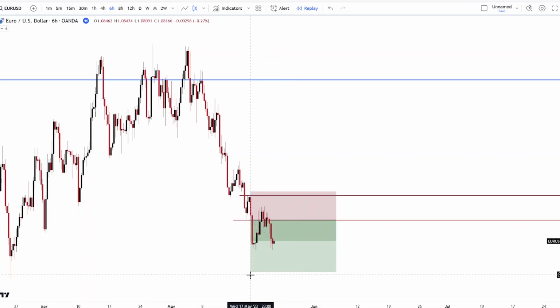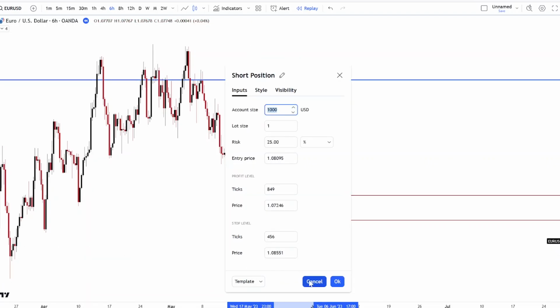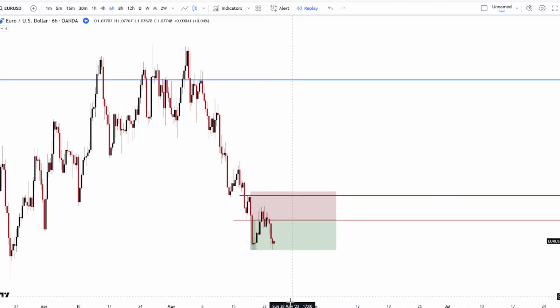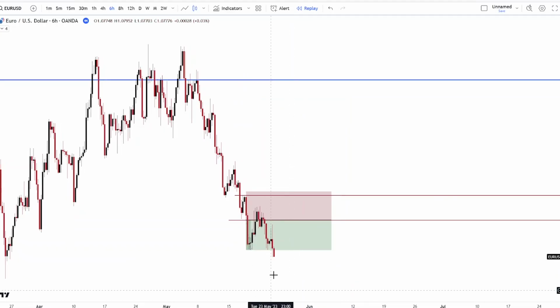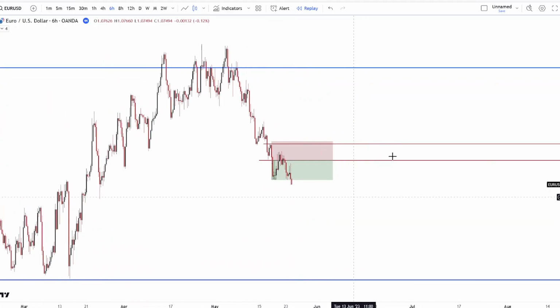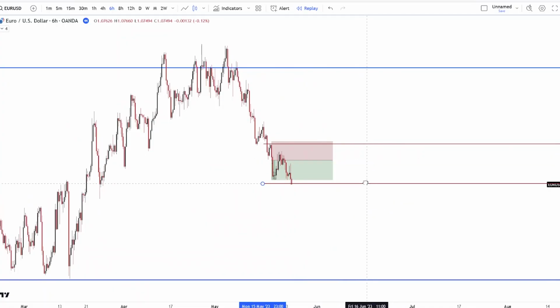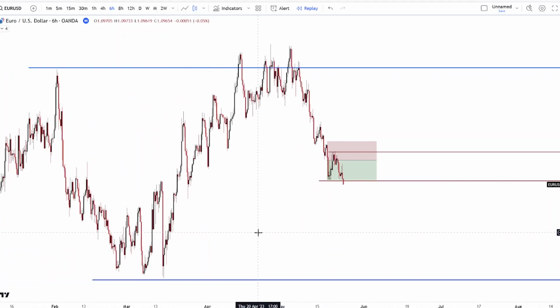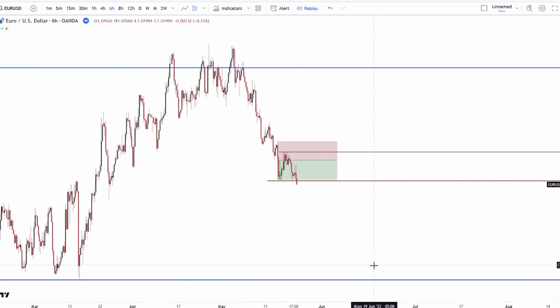Now, once price breaks structure right here, we're looking for another range. Okay, and now we're looking for another range, which is our swing low and our swing high, and so on. So this would be our basic entry strategy when it comes to multi time frame.